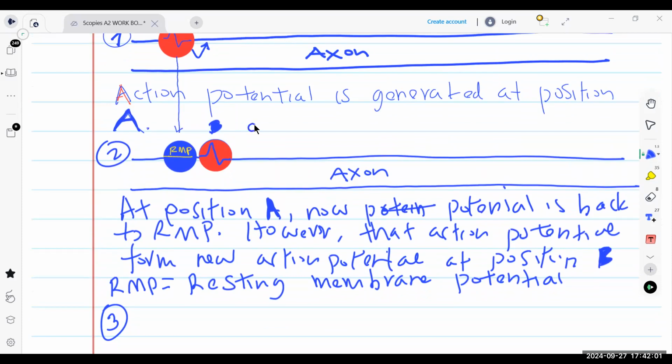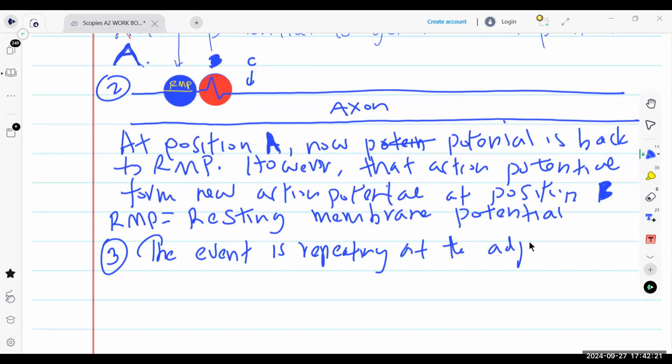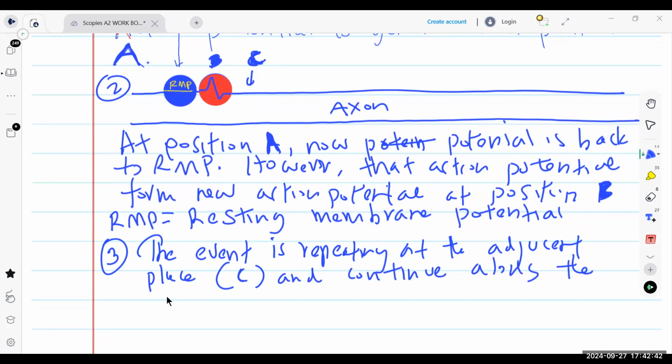And if I draw a position C here, then a new action potential is generated at position C. So the event is repeating at the adjacent place, that I will write C, and continues along the neuron.